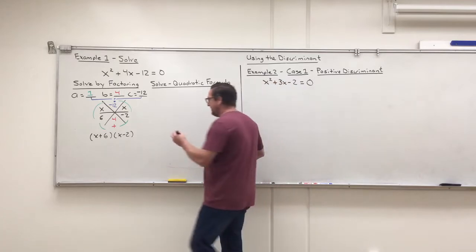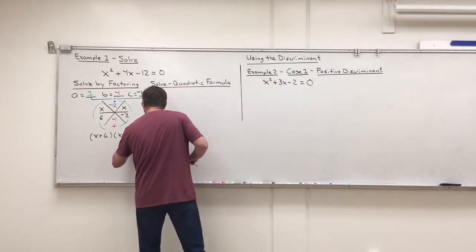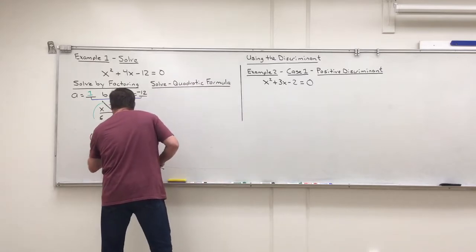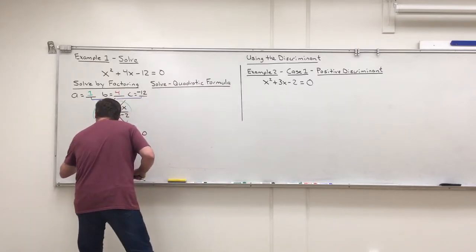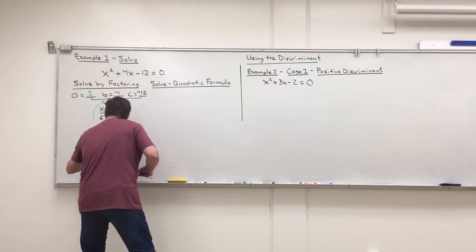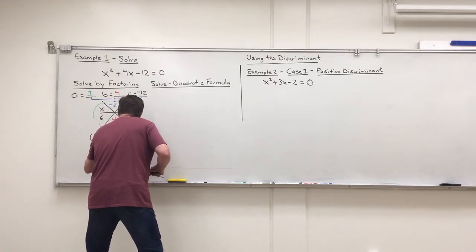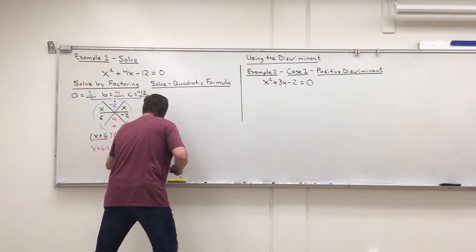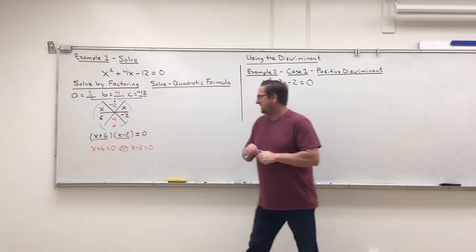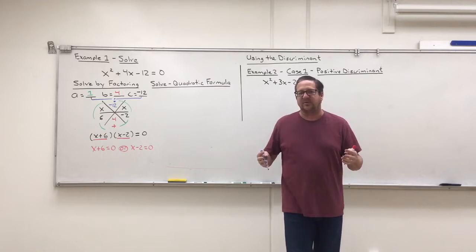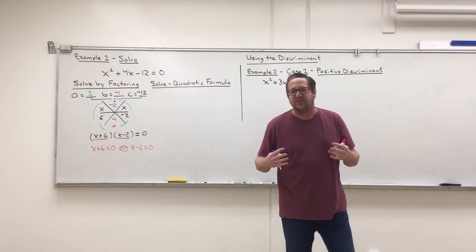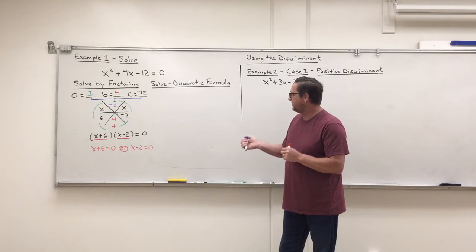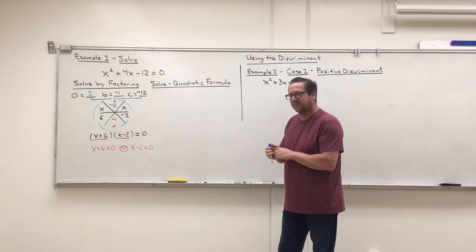Then we went to solving. We set any factor with a variable in it equal to 0. So x plus 6 equals 0, or x minus 2 equals 0.